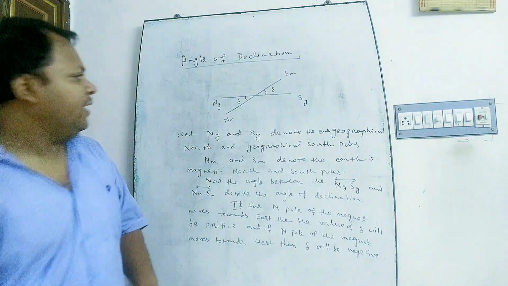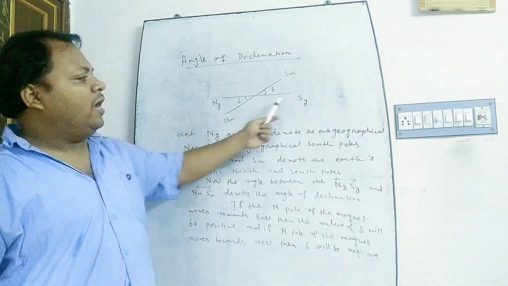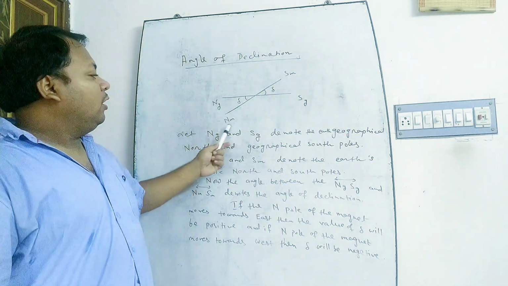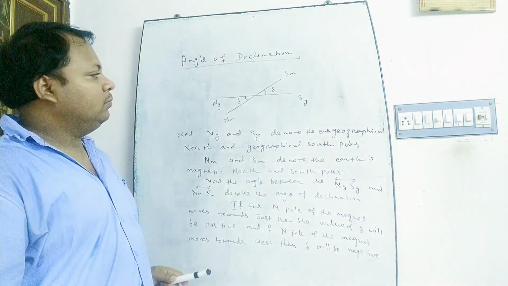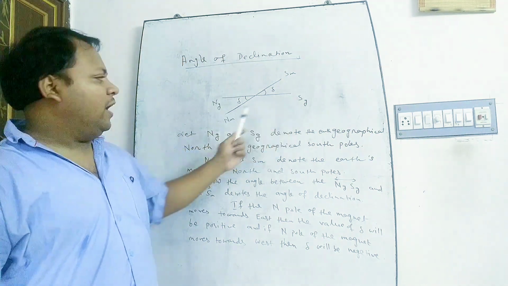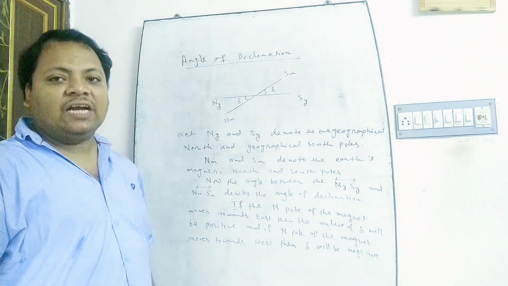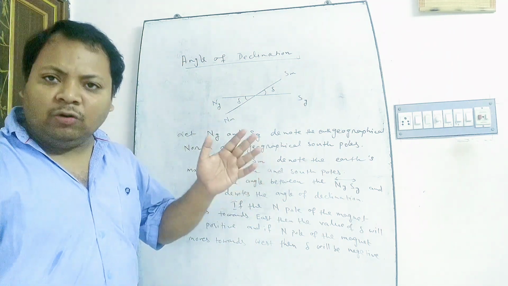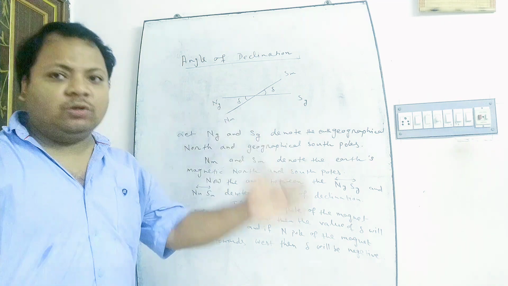Now let NG and SG denote the geographic North Pole and geographic South Pole, and NM and SM denote the earth's magnetic North Pole and magnetic South Pole. The angle between NG SG and NM SM denotes the angle of declination, that is, how much deviation there is between the earth's magnetic axis and the earth's geographic axis.